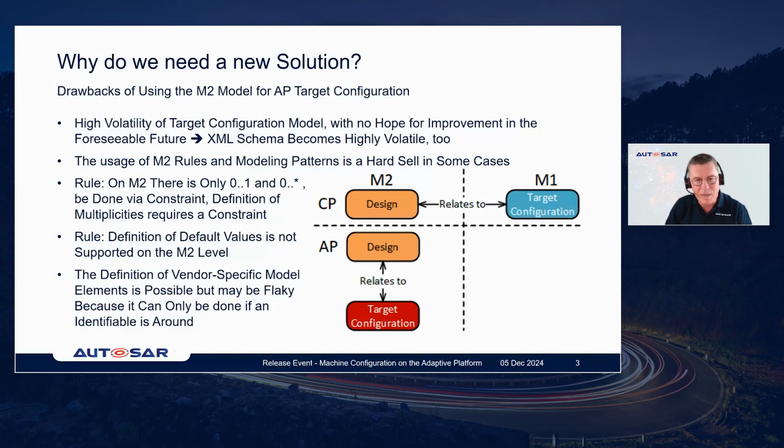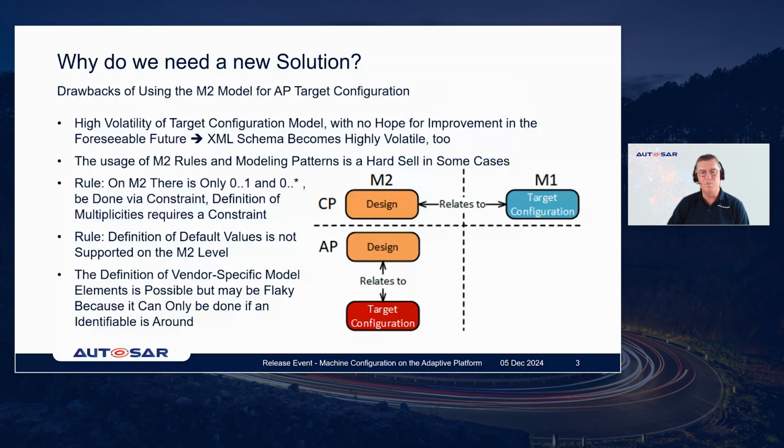The first example is the multiplicity, which is limited to two possible values, 0 to 1 and 0 to star on the M2 model. And the background, again, is the generation of the AUTOSAR XML schema. But people want to use all kinds of different multiplicities. They want to say, okay, this specific piece of configuration needs a multiplicity of 1 to 5.